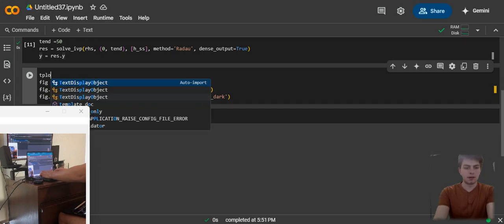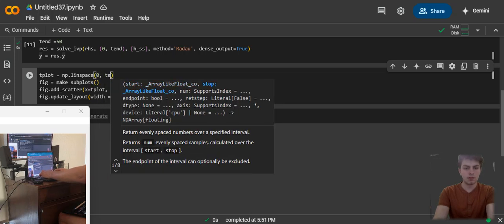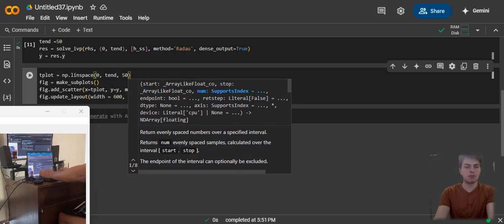So then let's go ahead and define t plot here as a linspace from 0 to t end.